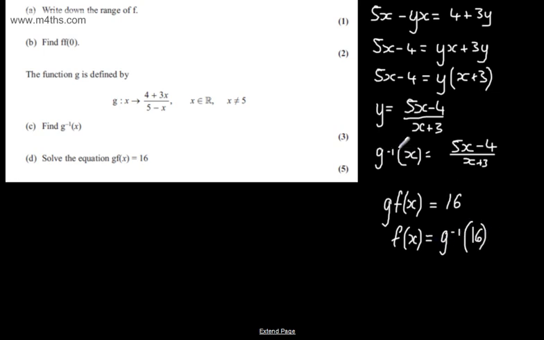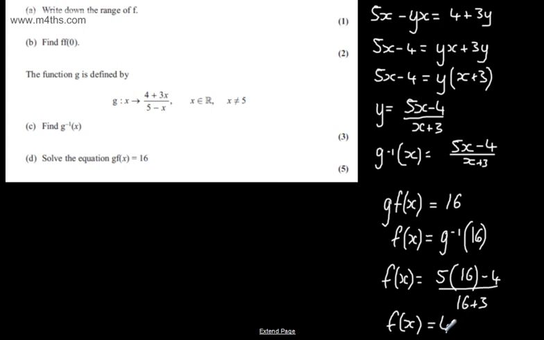So all we're going to do is plug 16 in here. So we can say now f(x) will be equal to (5 lots of 16 minus 4) over, now plugging in the 16, 16 plus 3. So what's that give me? 76 over 19, so we can see that f(x) is equal to 4.